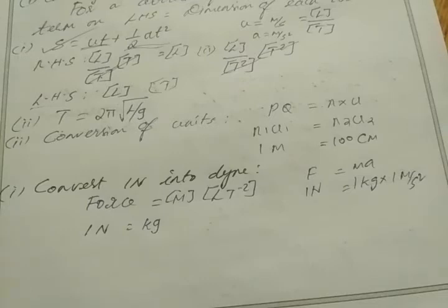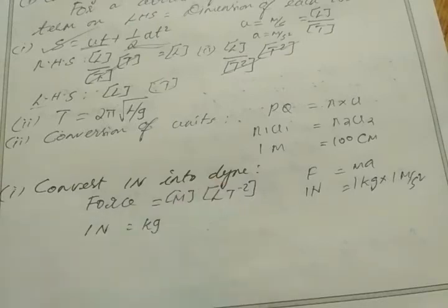Next one is FPS. FPS means foot, pound, second. In some cases we measure the distance with foot, and in some cases we measure the mass with pound. Third one is the CGS system. CGS means centimeter, gram, second, just an alternative of meter and kilogram.